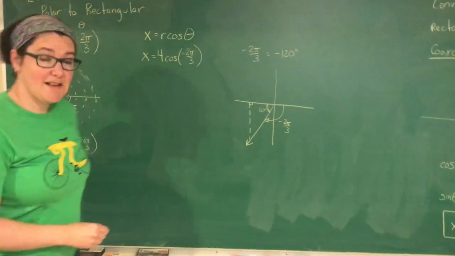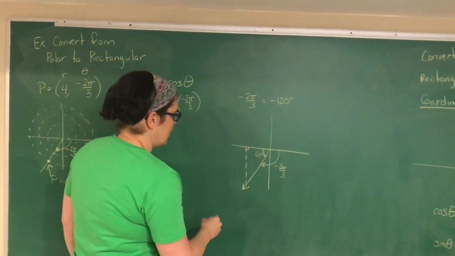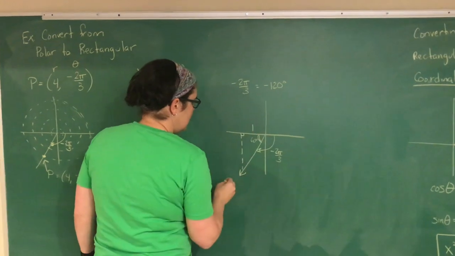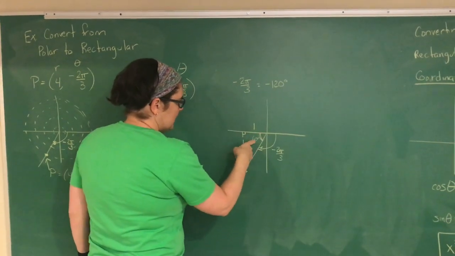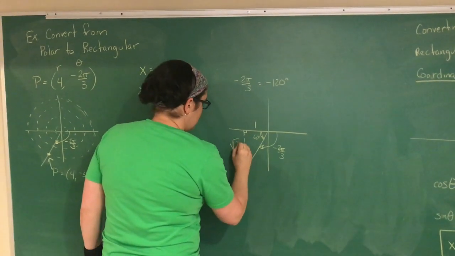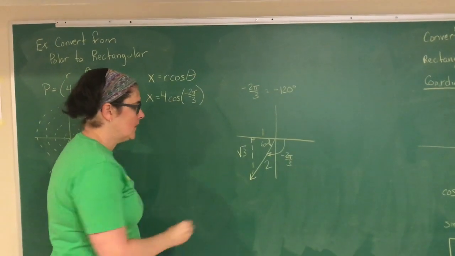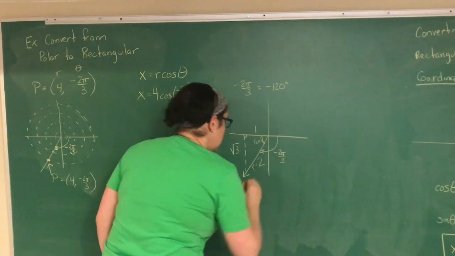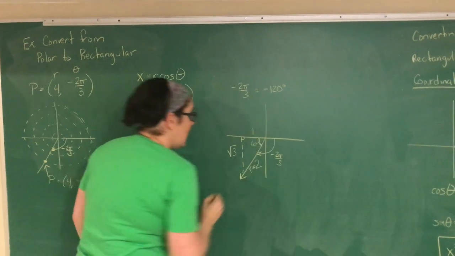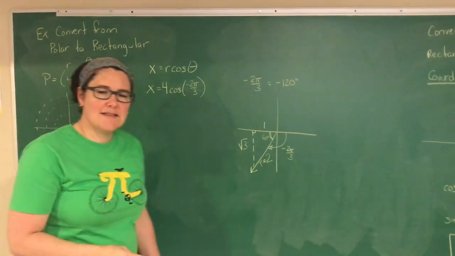And now I know what my sides are because I have a 30-60 right triangle, so my x side is a 1. My side opposite 60 degrees is square root of 3. And my hypotenuse is 2. So we have r equals 2. I want to think carefully about the signs.